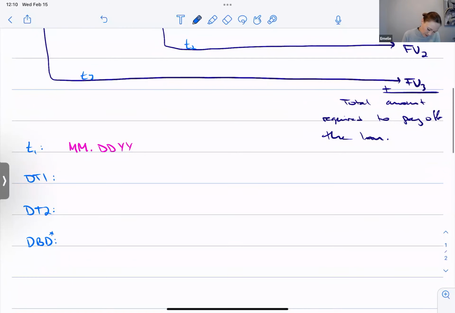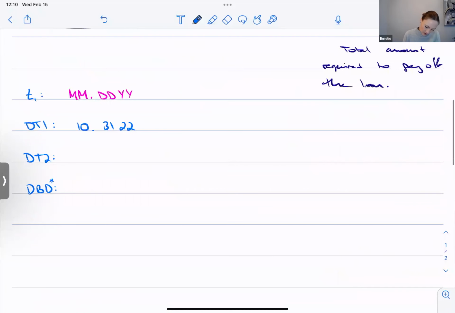The month is 10, the day is 31, and the year is 2022. Date 2 is December 31st, so 12.31.22.